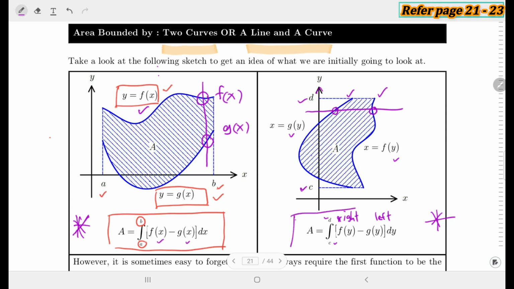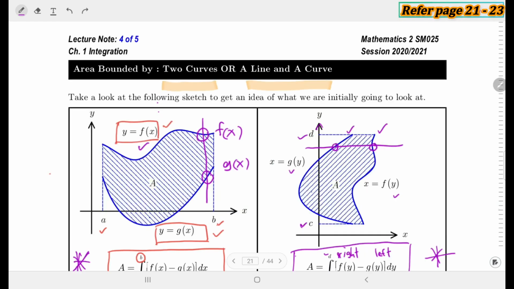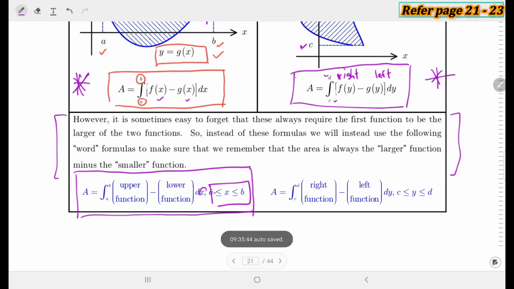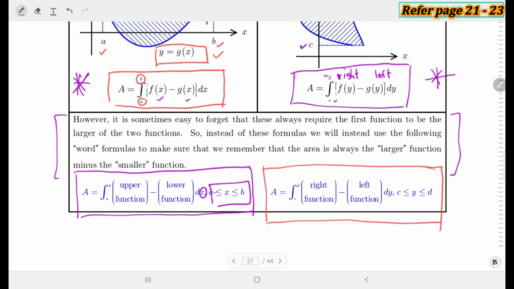These are the two formulas that we are going to use when we have two functions or two curves. This paragraph explains the same things I just explained: upper function minus lower function for the x-axis, and right minus left function when we are referring to the y-axis.